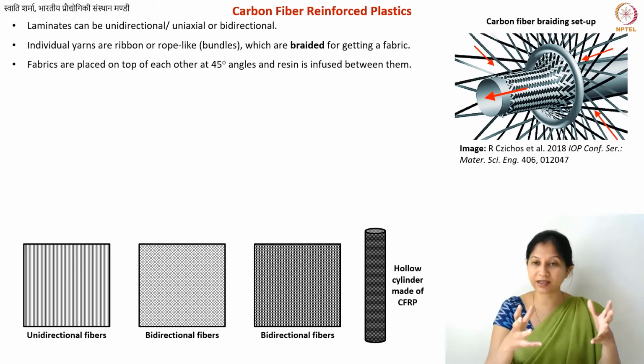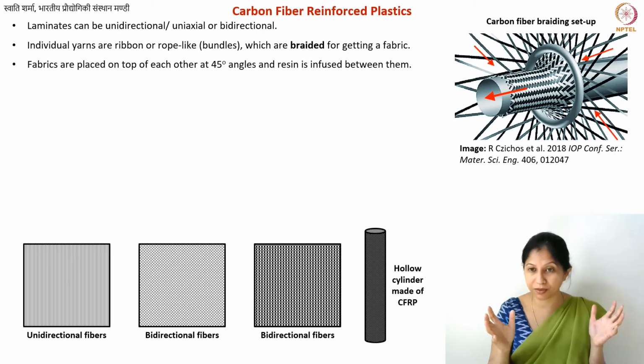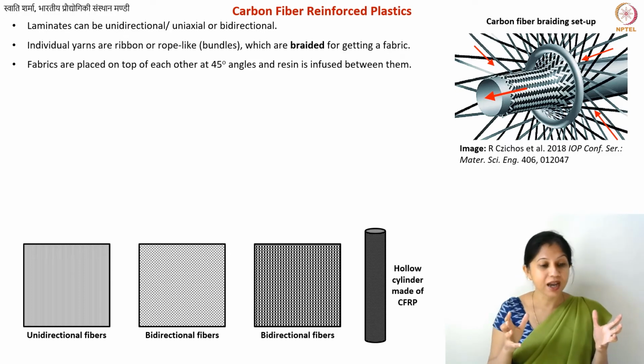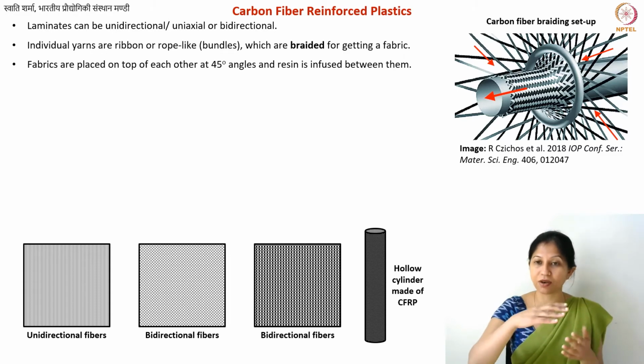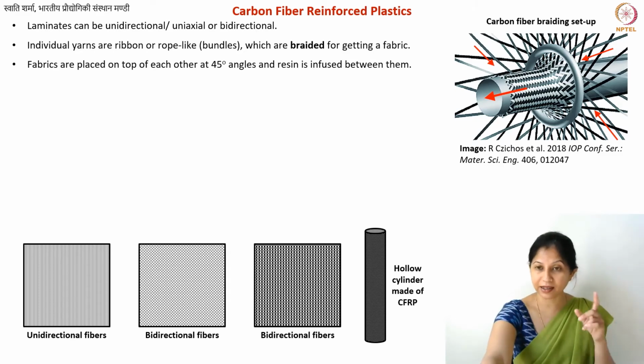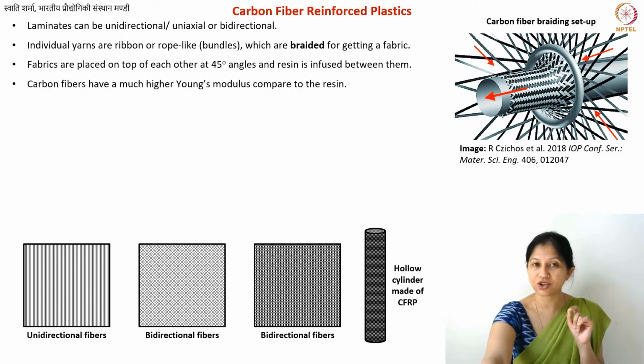The strain will be distributed through the material, and that is why it will not easily break. So that is why you place these laminates, or each fabric, whether it is unidirectional or bidirectional, at a 45-degree angle from each other.